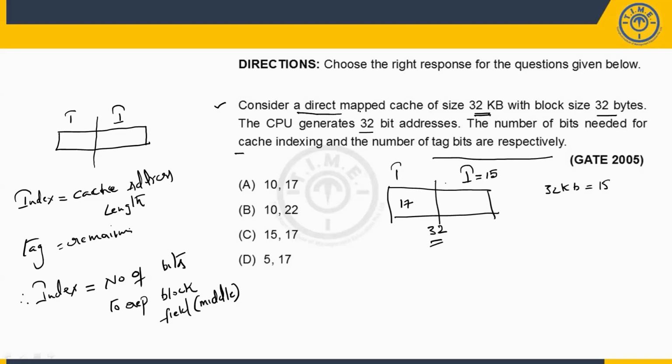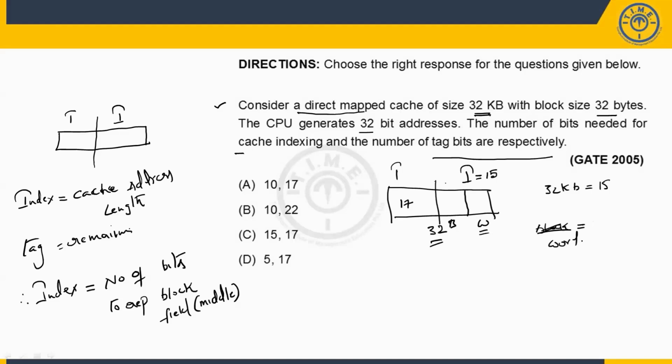Since this is a direct mapped cache, the tag remains the same. But now, since we are provided with the block size, we need to further subdivide the index into two more fields, the word field and the block field.